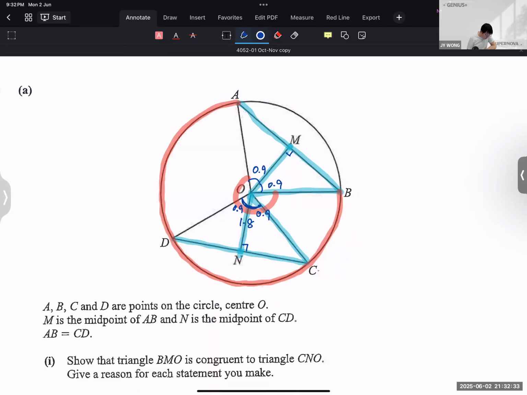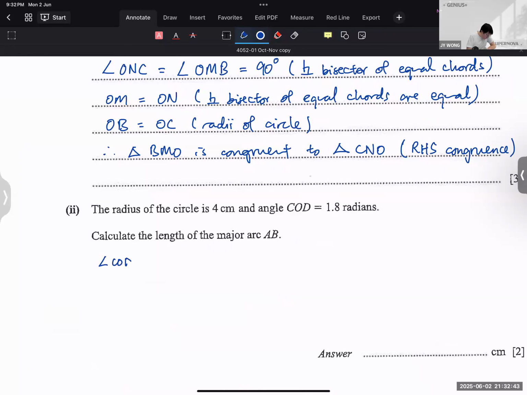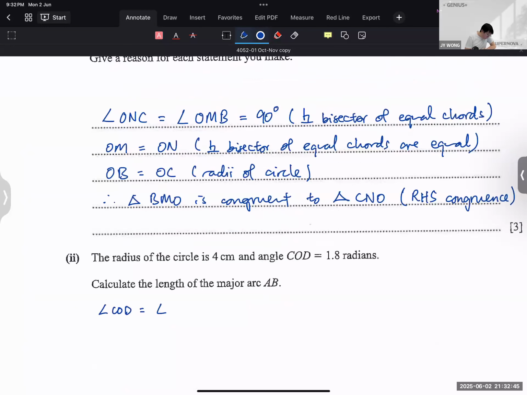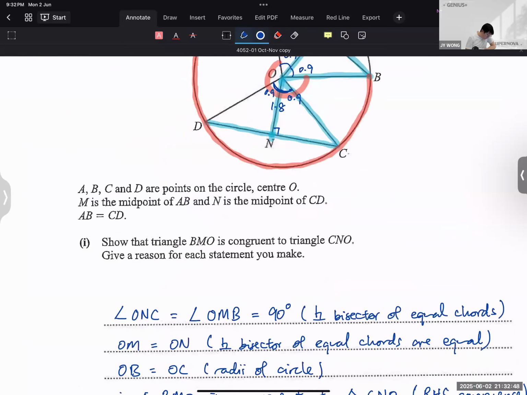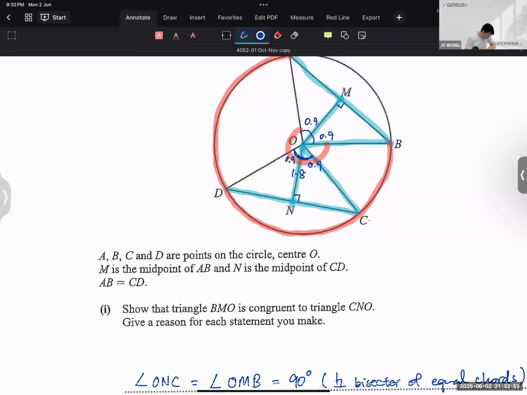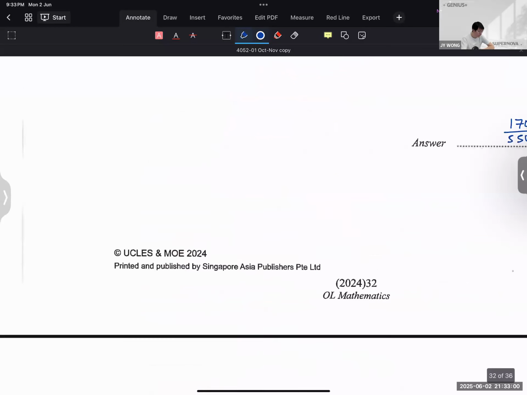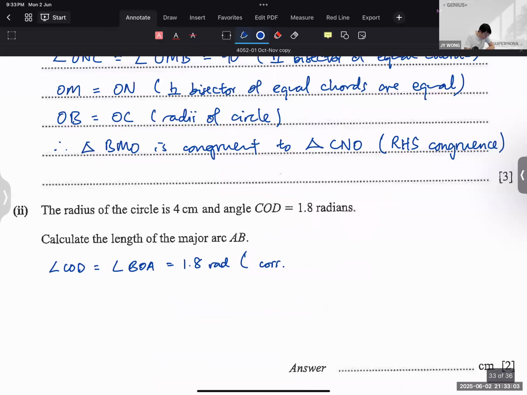But in this case, it doesn't matter. You just need to know that if COD is 1.8, that means angle BOA is also 1.8 radians, because COD is congruent to BOA, corresponding angles of congruent triangles.